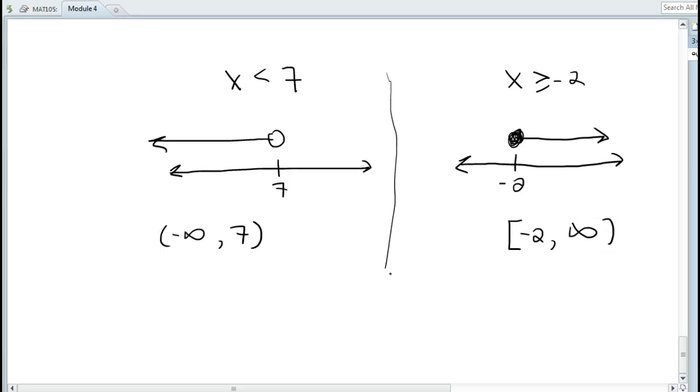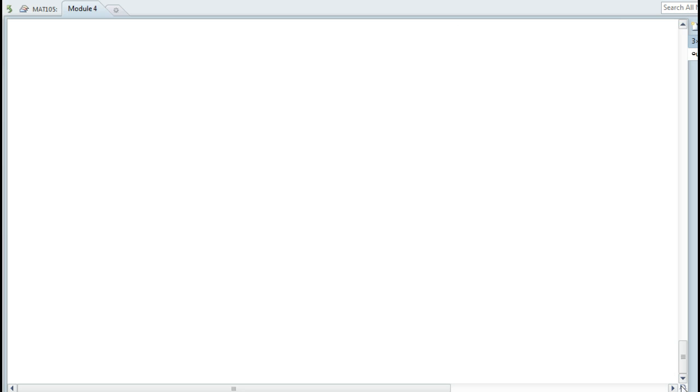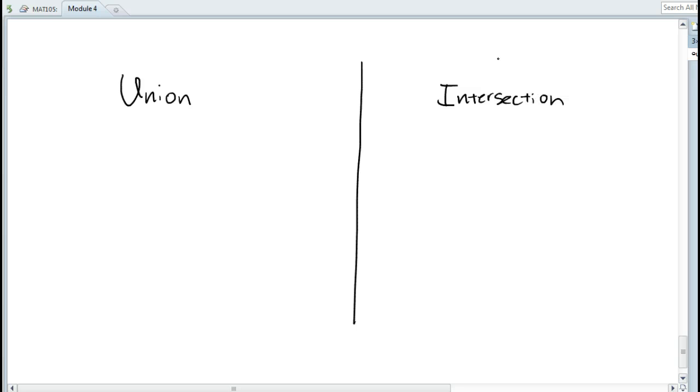When you have multiple sets, sometimes we'll look at how to join two sets of numbers. There are two ways to join two sets of numbers with interval notation: the union and the intersection. They both have special symbols.